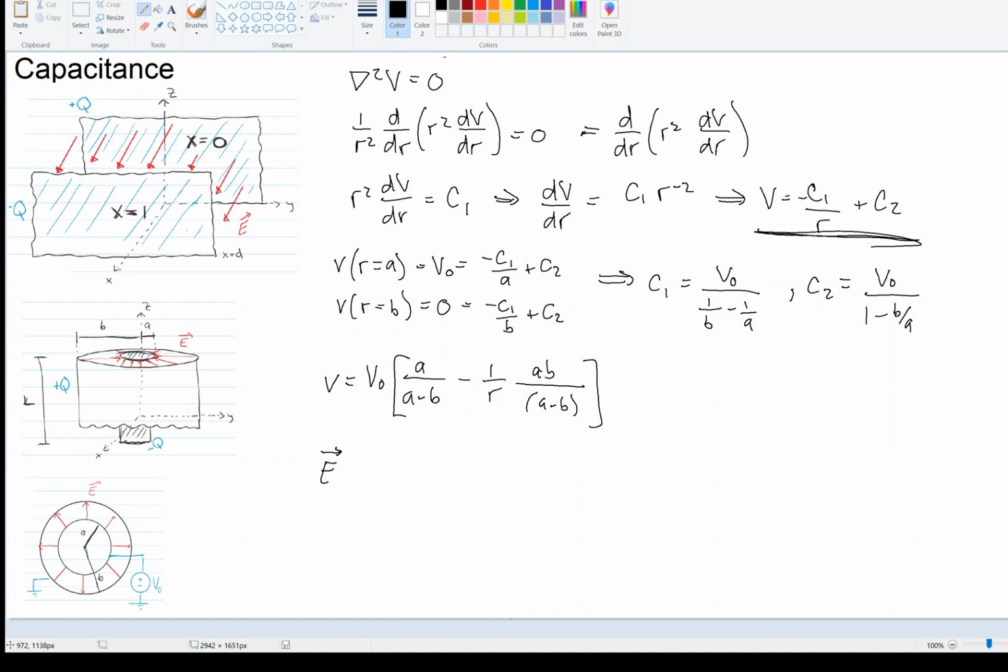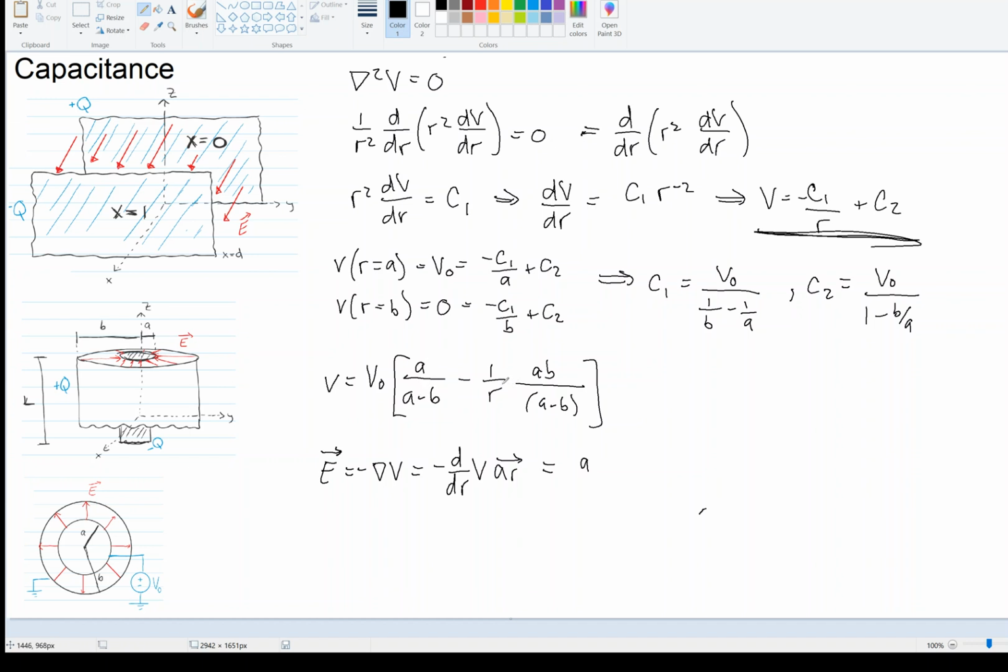I've got the voltage. The electric field is the opposite of the gradient. And so in spherical coordinates and in one dimension, this is not bad. This is just minus d/dr V in the r direction, right? And I'm using full derivatives there instead of partials because there's only one variable. And so when I do that, so here's r. So this guy goes away. It's a constant as far as r is concerned.